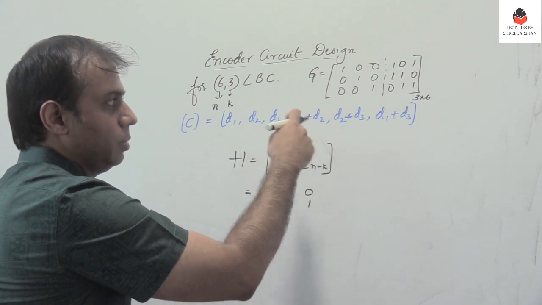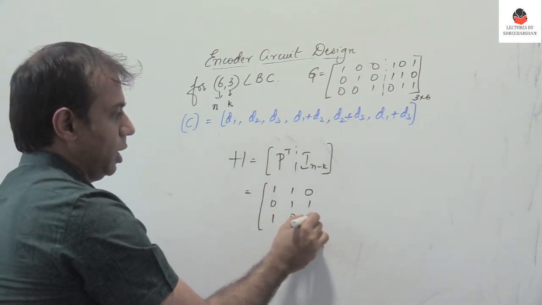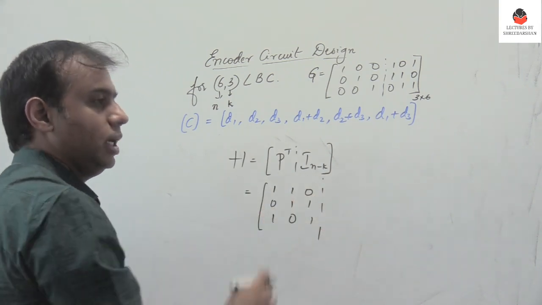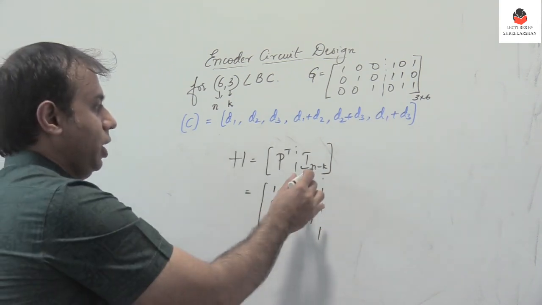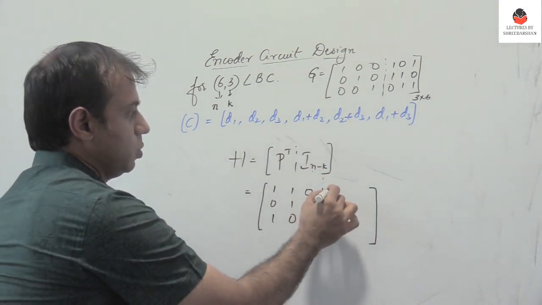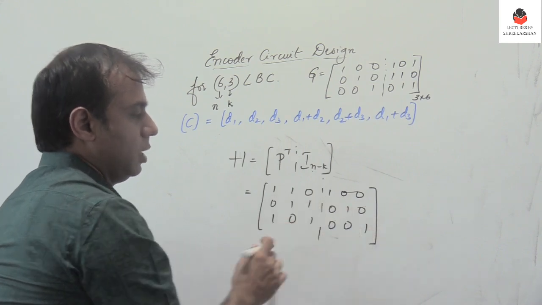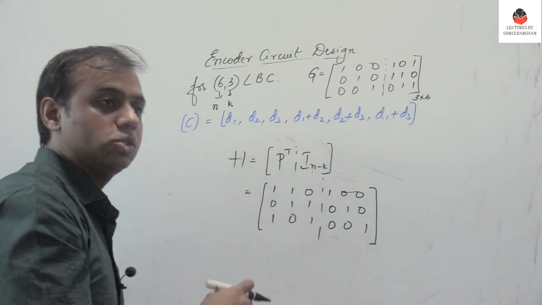The third column will become the third row, which is 1 0 1. And then we have I(n minus k). Here n is 6, k is 3, so again we get I3, which is 1 0 0 0 1 0 0 0 1. So this is H, the parity check matrix.